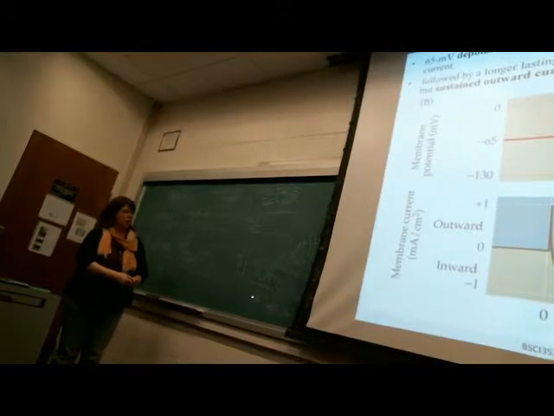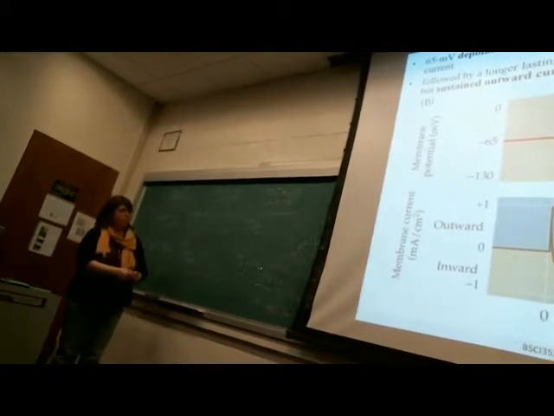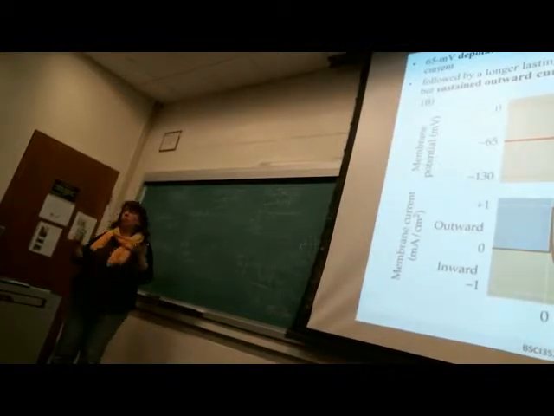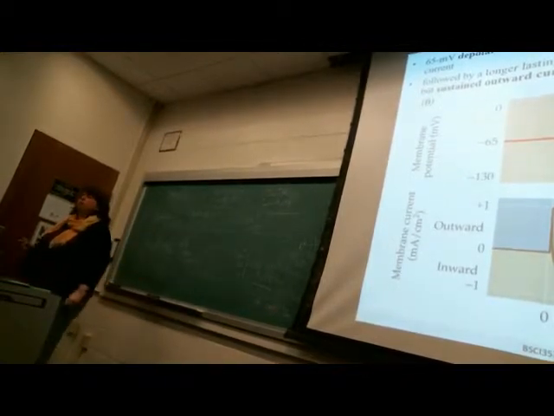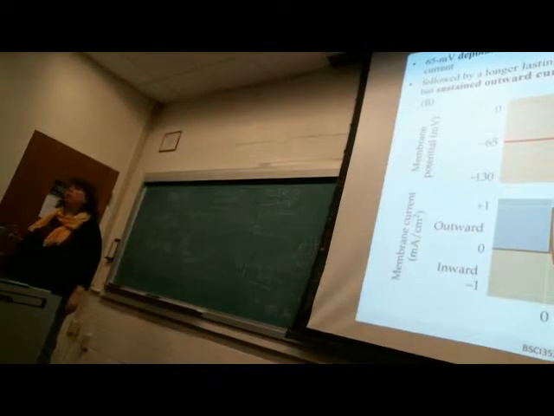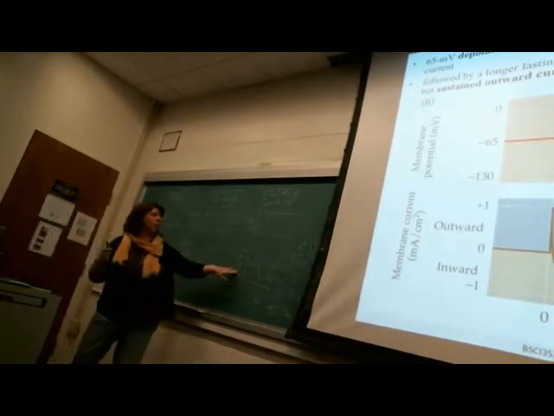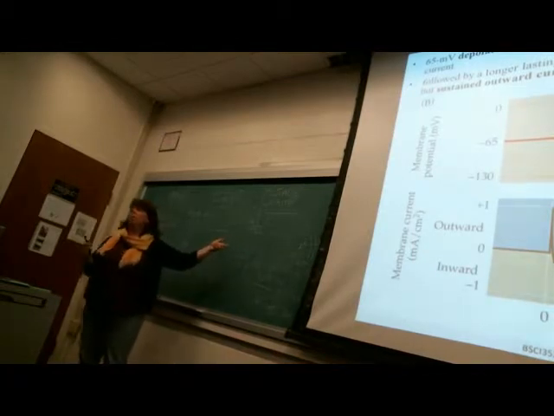Okay, so here you have sodium ions flowing into the cell, and here you have potassium ions flowing out. So you just sort of had to pick, right? You had to pick by convention which way is going to be inward, and which way is going to be outward, which one is going to be negative, and which one is going to be positive. We could have done it the other way around.